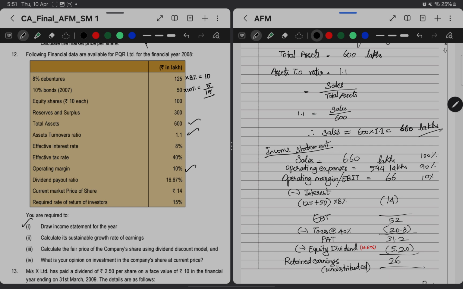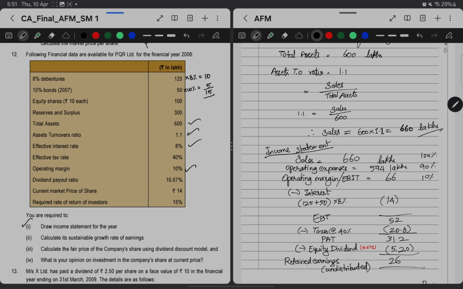Now interest, they have given effective interest rate as 8%, so we have to total our debentures and bonds, then multiply with 8%. Now we might have a question that why we are not taking 8% into 125 and then 10% into 50.